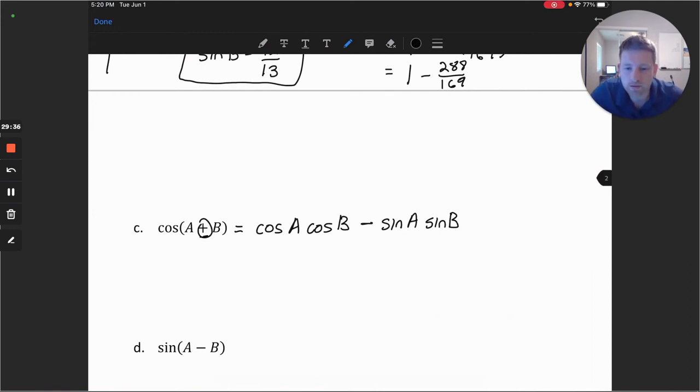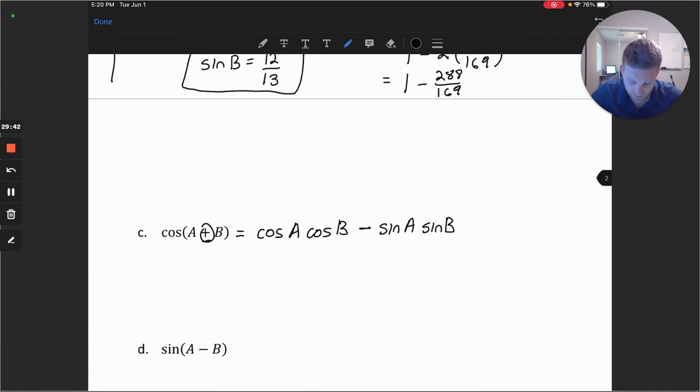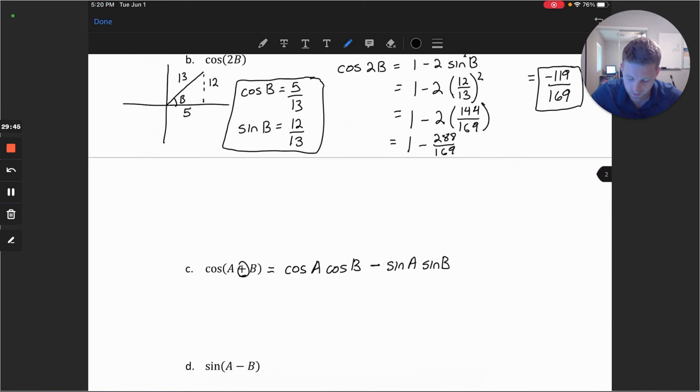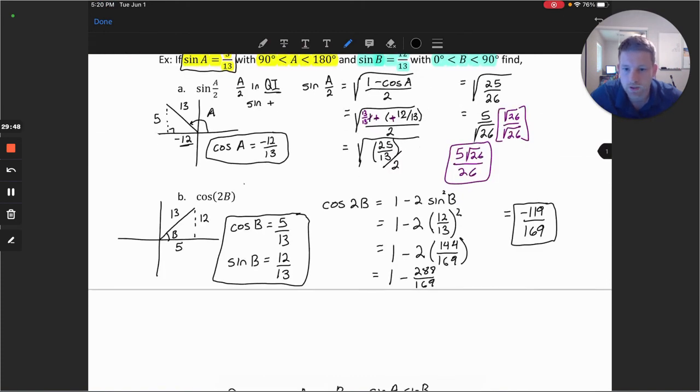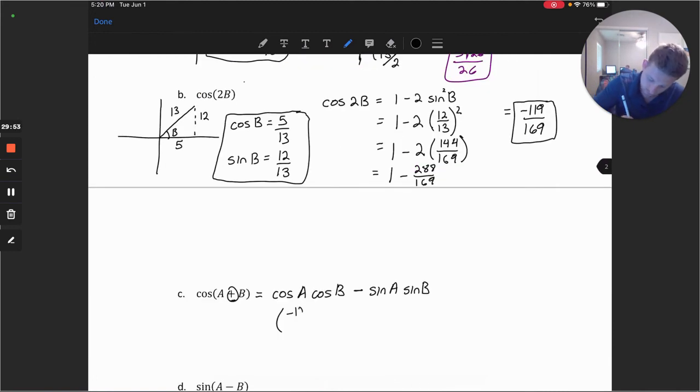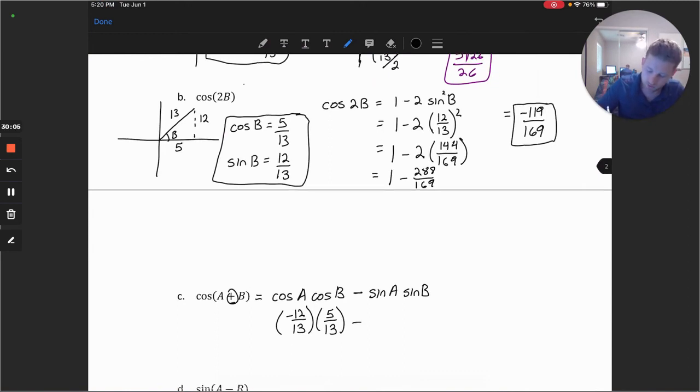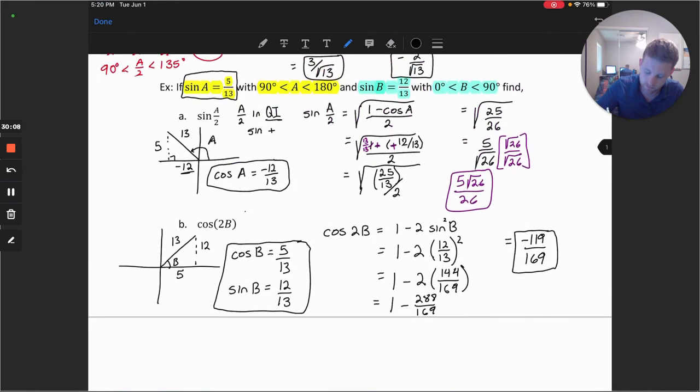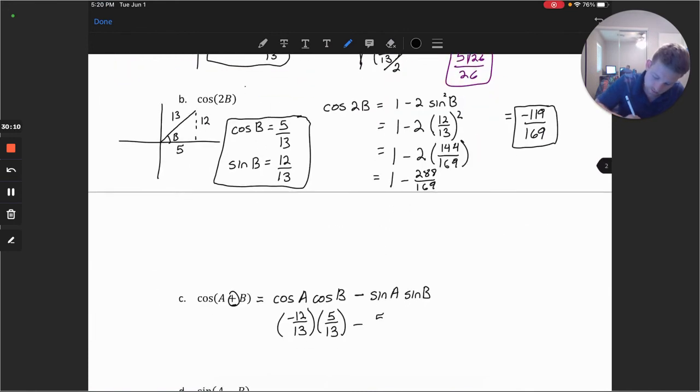So let's consider now putting in the information we know. We know the cosine of both angles. Cosine of A is negative 12 over 13, cosine of B is 5 over 13. So we'll have negative 12 over 13 times 5 over 13, minus the sine of A, which we knew to begin with was 5 over 13, and then the sine of B is 12 over 13.